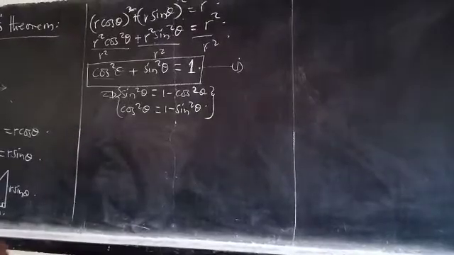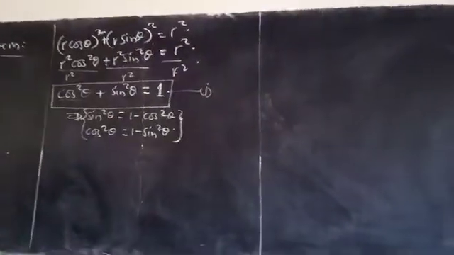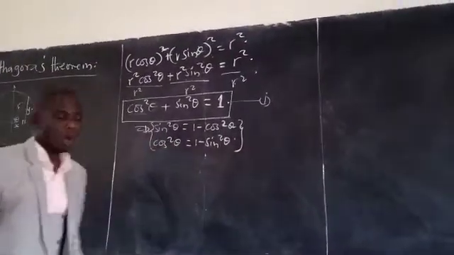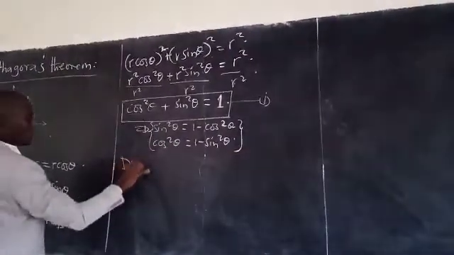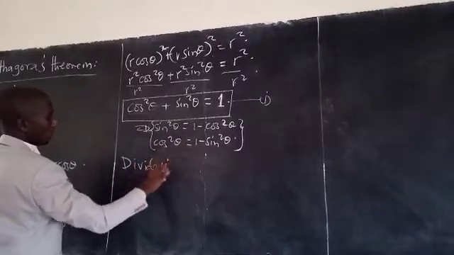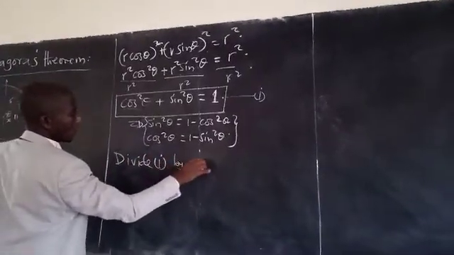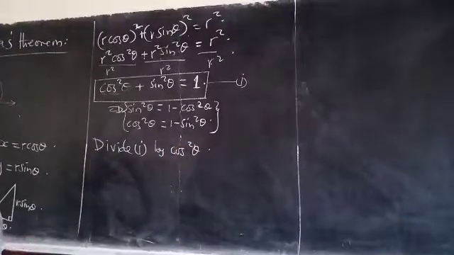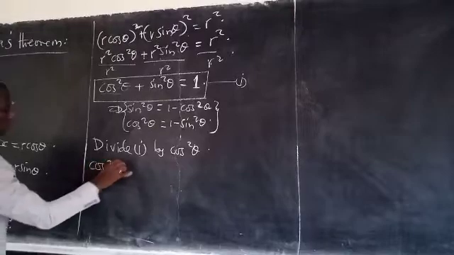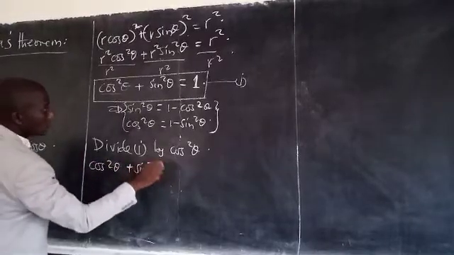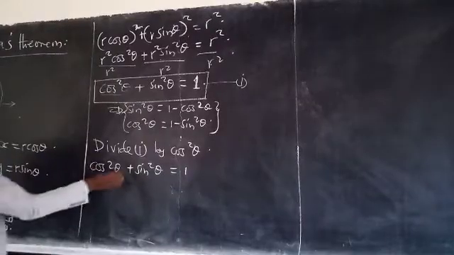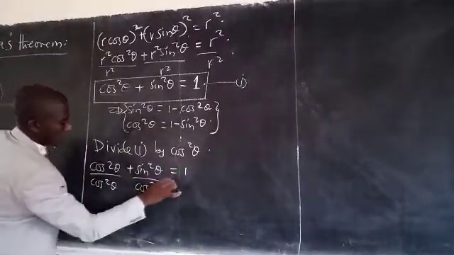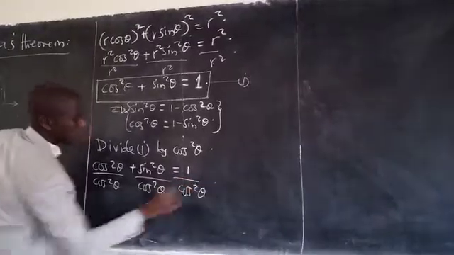We don't stop there. We can prove some other thing from this. Let's look at the equation 1, what we have called equation 1. And we are going to divide the equation 1 by cos squared theta. So we shall have cos squared theta plus sin squared theta equals 1, dividing by cos squared theta.